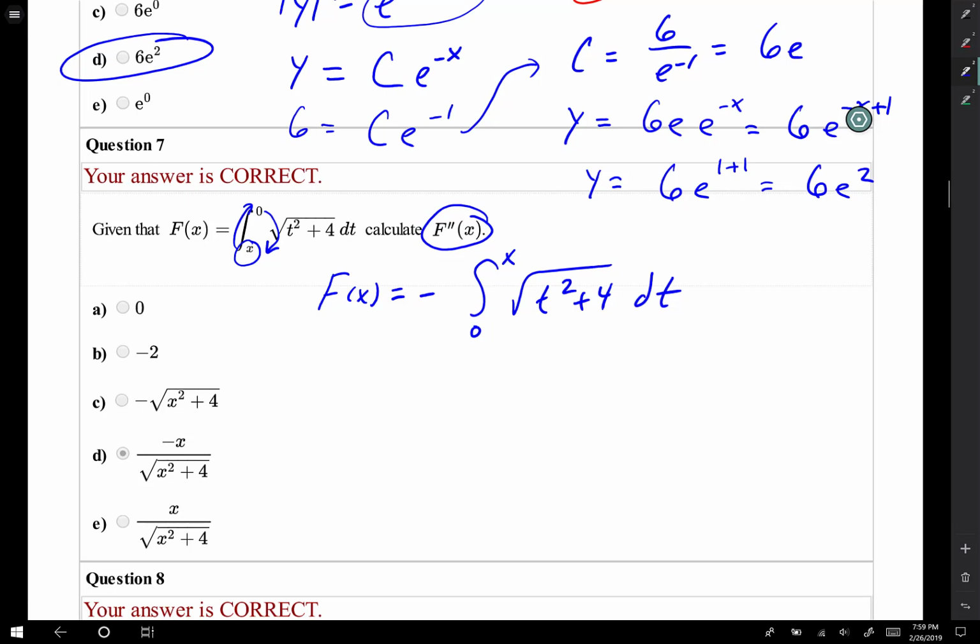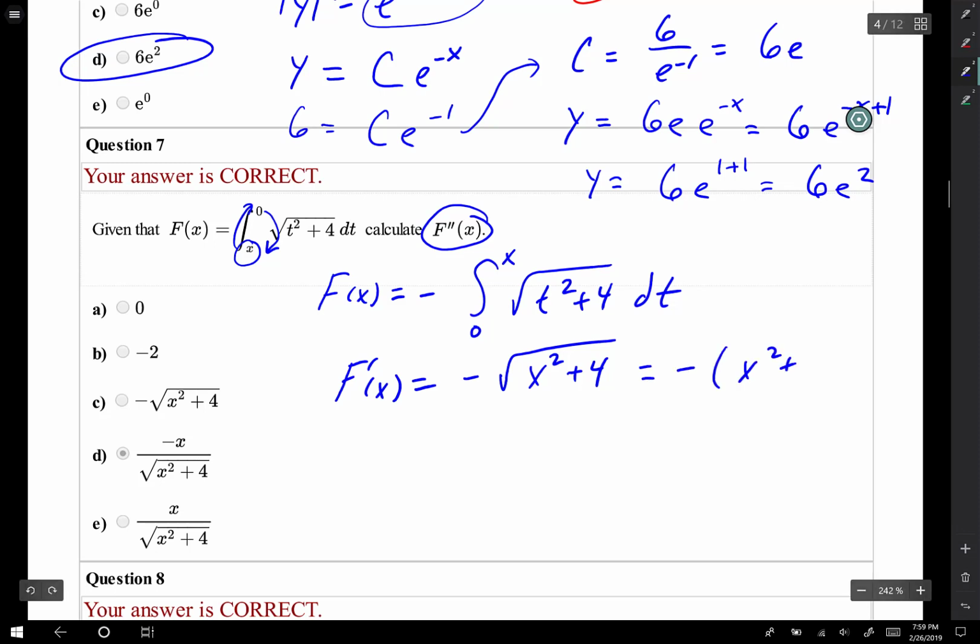Here we go. Take a derivative, f prime. When you do that, you get negative square root x squared plus 4. You're done. Well, okay, well you're not quite done. I would rewrite it. Negative on the outside, x squared plus 4 raised to the power half. And now I'm going to take another derivative.